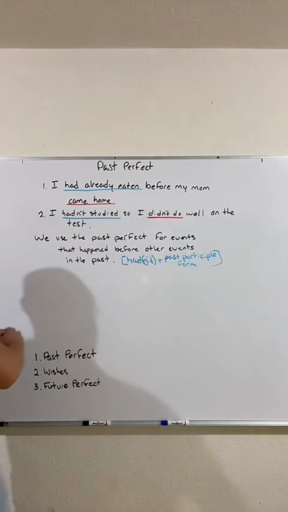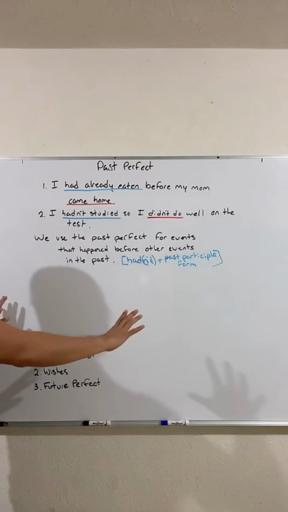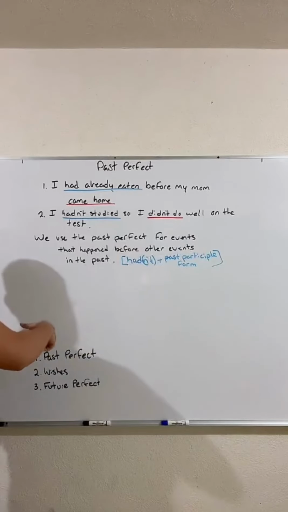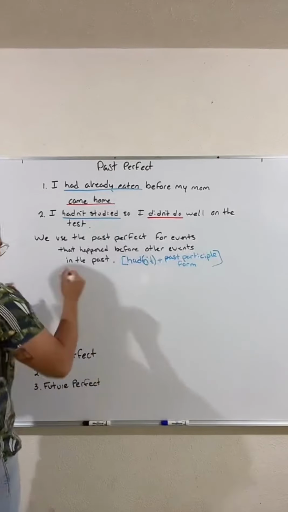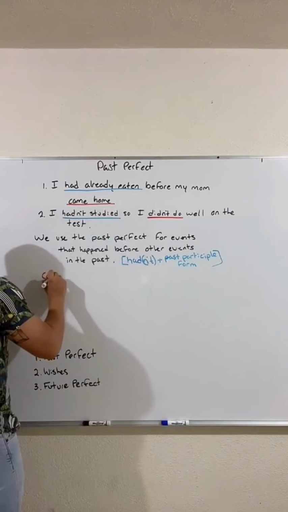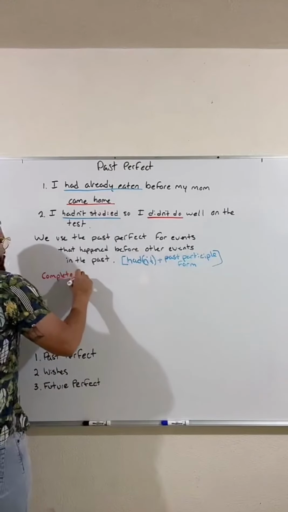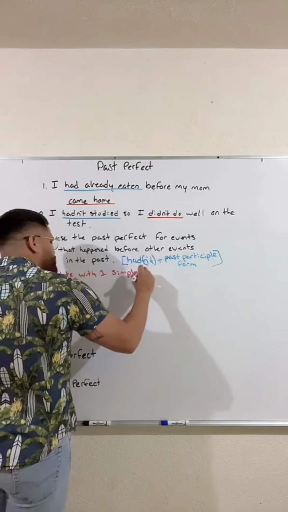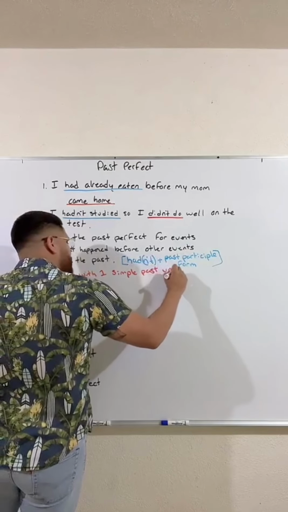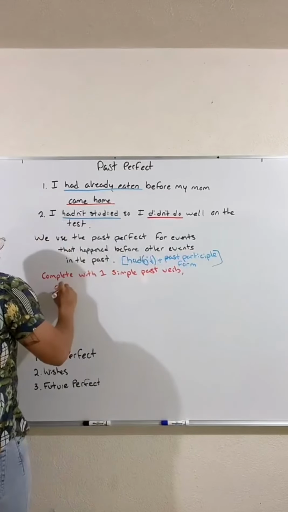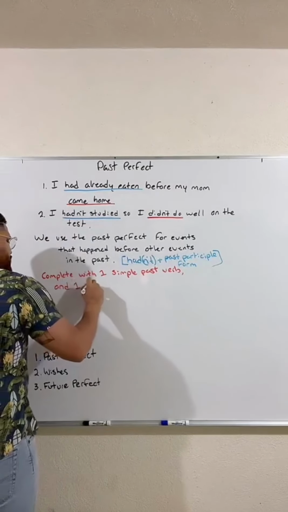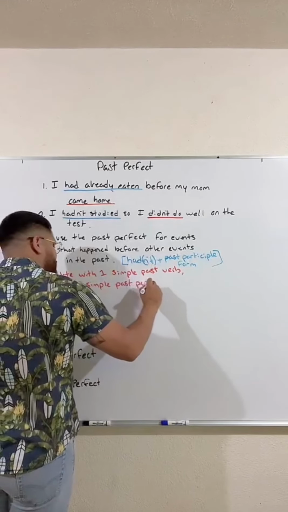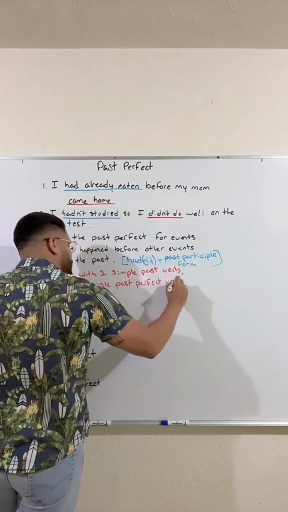I'm going to write a sentence that's not complete, and I would like for you to complete it with either the simple past or the past perfect. Let me write that for you. Complete with one simple past verb and one past perfect verb.